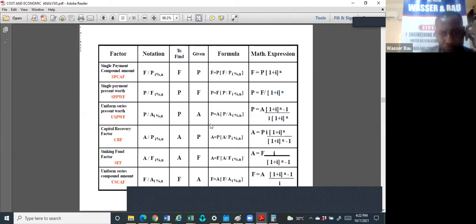It's impossible for you not to fall into one of these 6. So these are the 6 universal economic analysis formulas. So it's either you want to find the F, you want to find the P, you want to find the A. And permuting them now, combining them now, it can come in the form of, I want to find F, I'm given P.